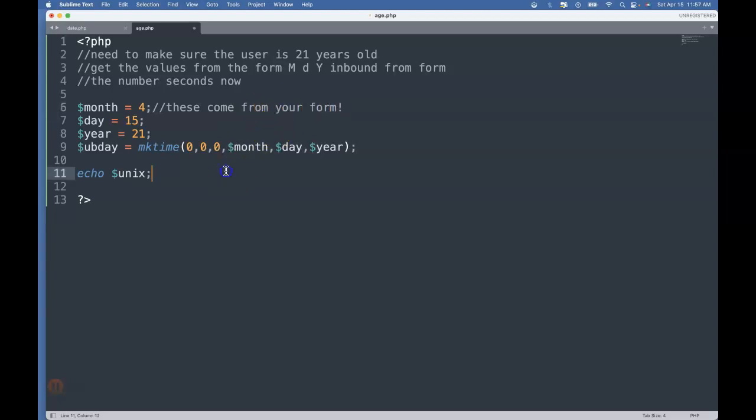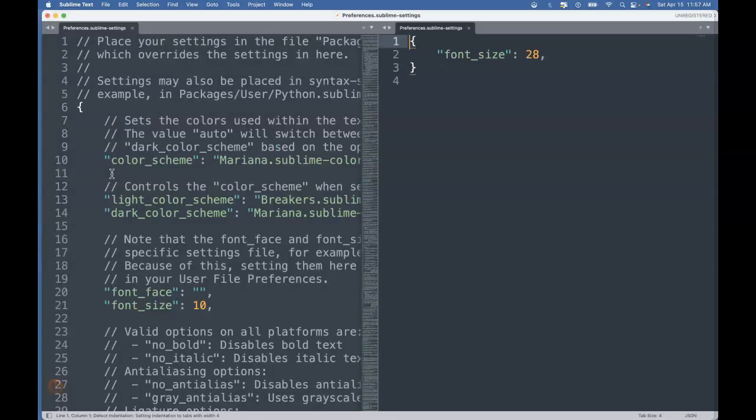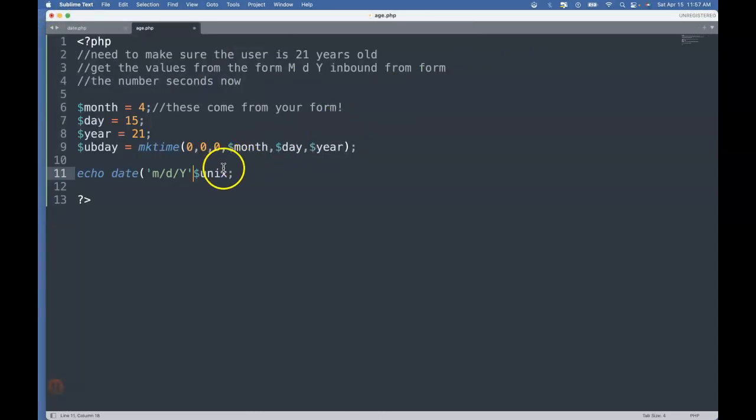Now what I would want to do is take those values, ubday, and actually format it. So I can use the date formatting for that, and I can do month, day, year, and the second parameter of the date function would be ubday.